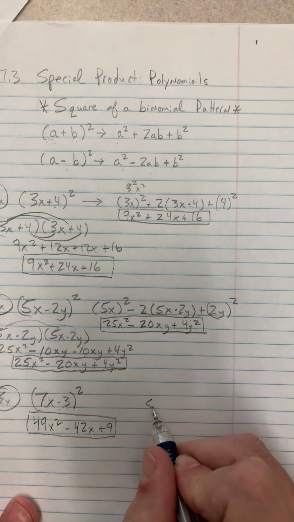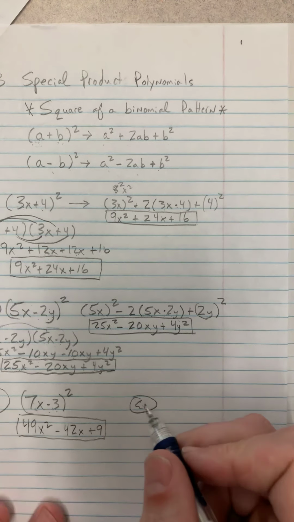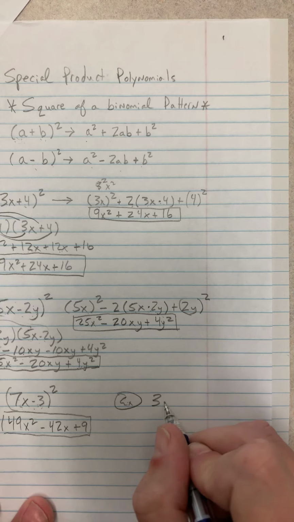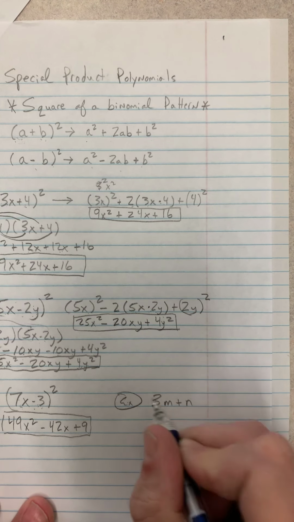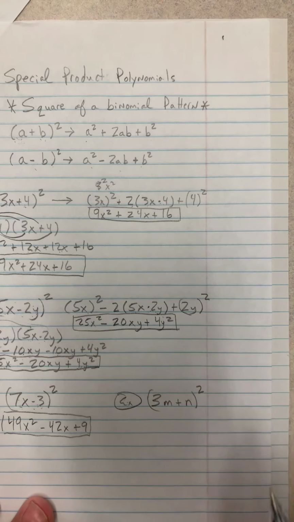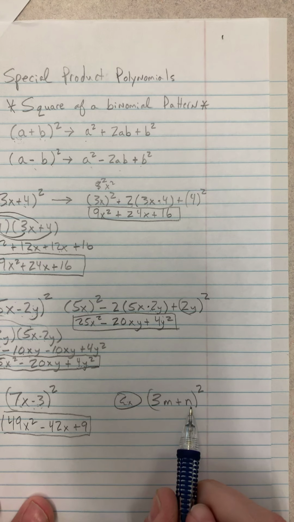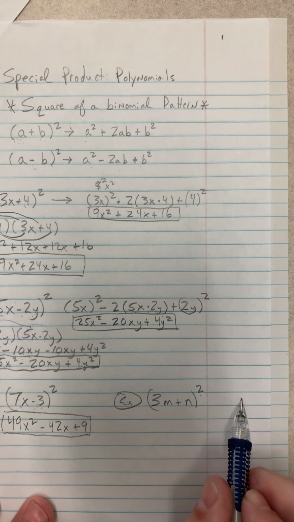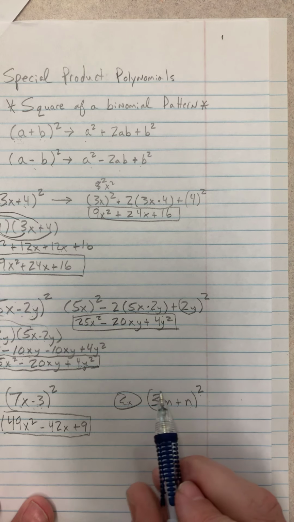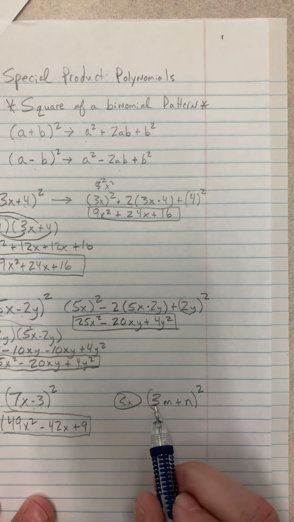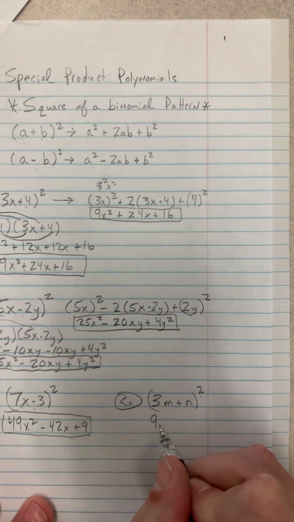I could have something that looks like this, but the pattern is the same. 3m plus n squared. 3m plus n times 3m plus n. I take my first term and I square it. 9m squared.